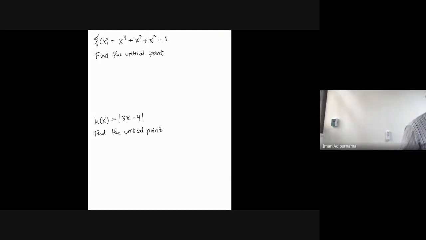Okay, for the function g, if you try to find the derivative, it is 4x cubed. And then you want to make it equal to 0. And maybe you want to factorize x.